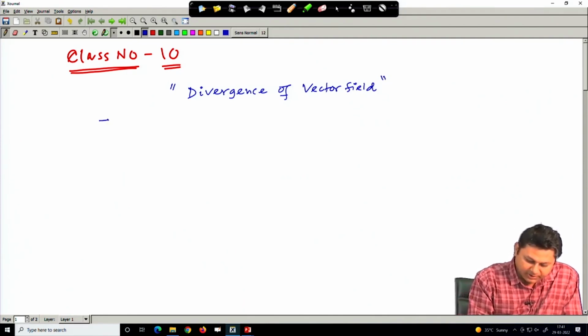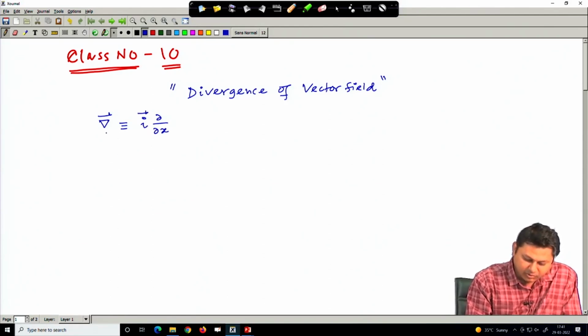So, we define this operator, which we call the del operator, and this is a vector operator in the Cartesian coordinate system x, y, z. It should have this form.